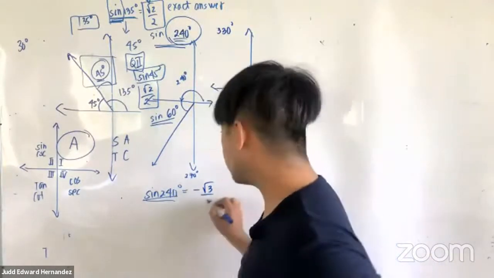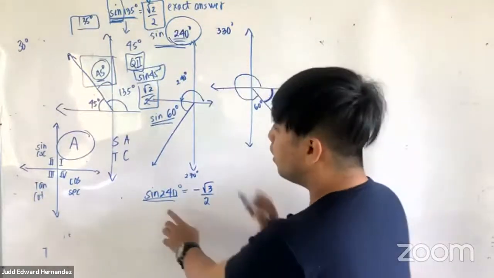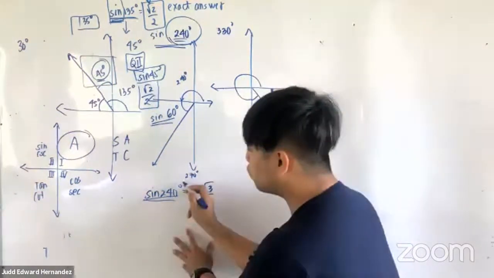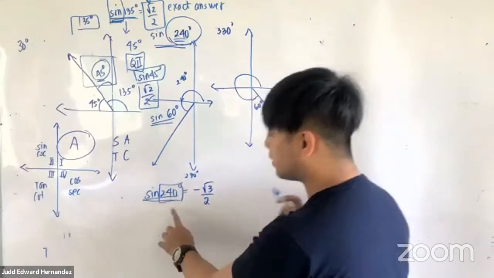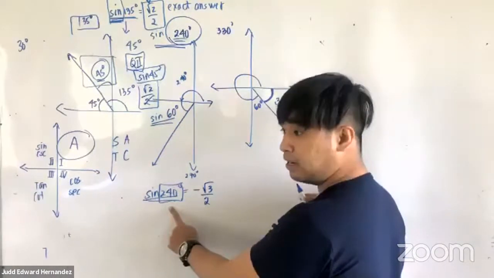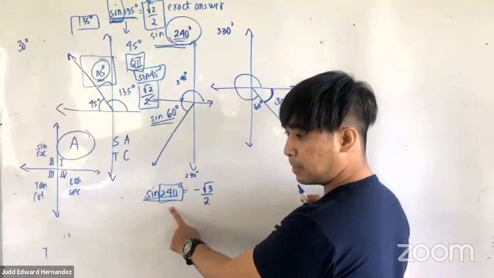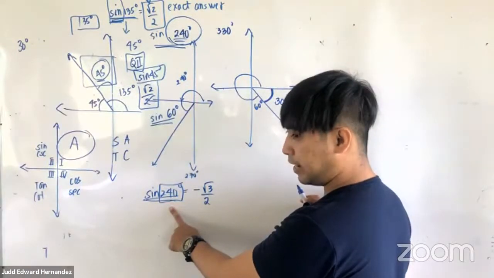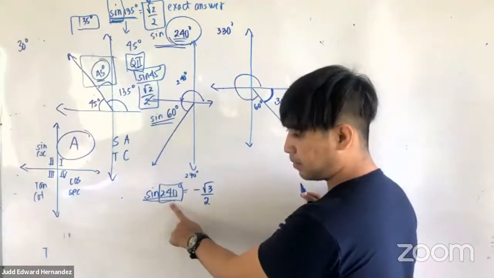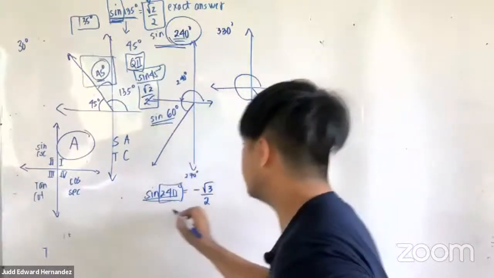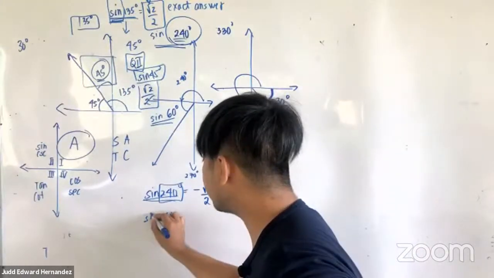Okay, that is negative square root of 3 over 2. What is the reference angle of 240 degrees na na-solve natin kanina? Ano po yung reference angle ng 240? 60. Lagay po natin dito, sine 60 degrees.